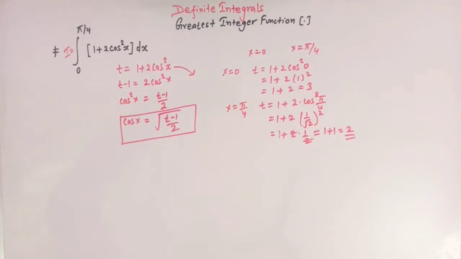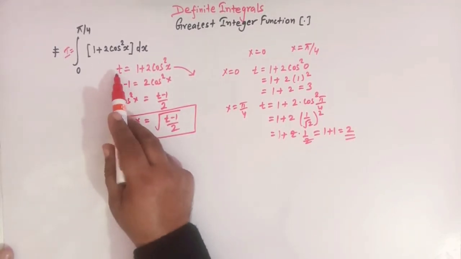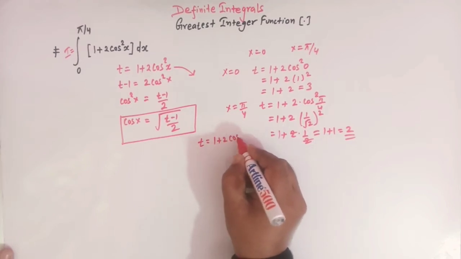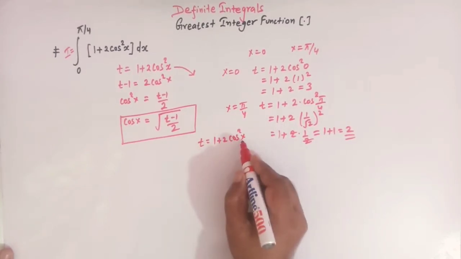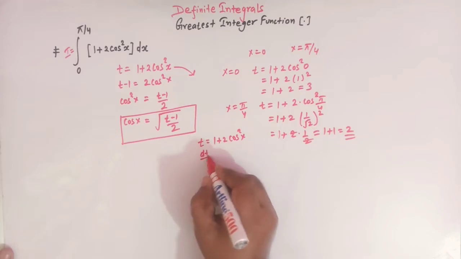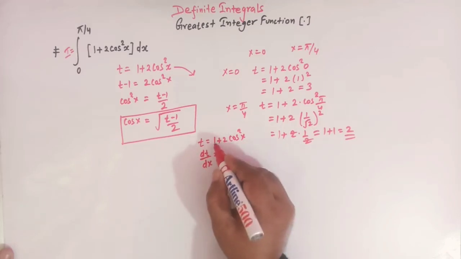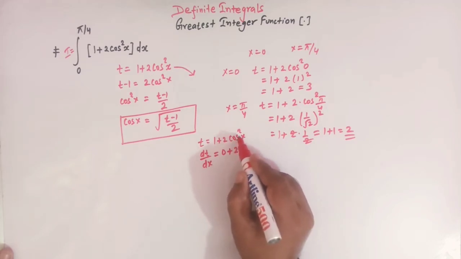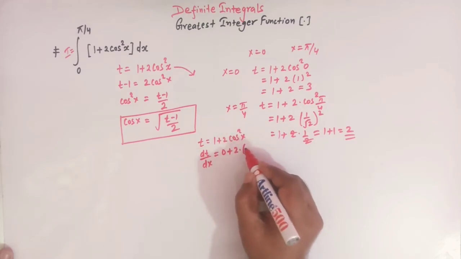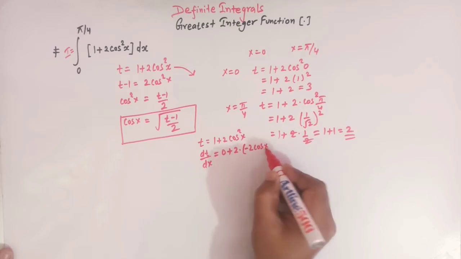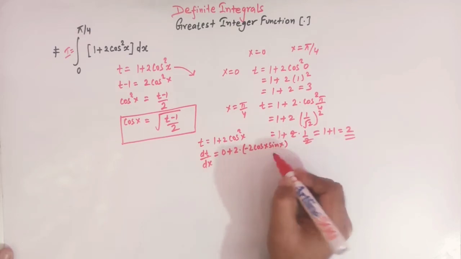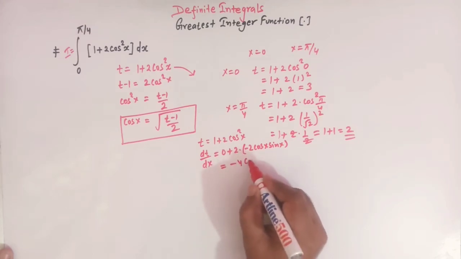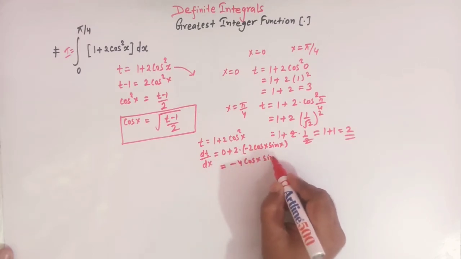Differentiating t is equal to 1 plus 2 cos square x with respect to x, we get dt over dx is equal to 0 plus 2 times the derivative of cos square x, which is minus 2 cos x sin x. So now we have minus 4 cos x sin x.